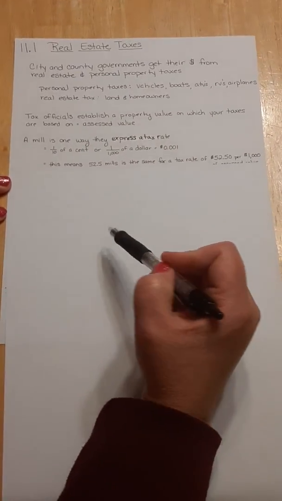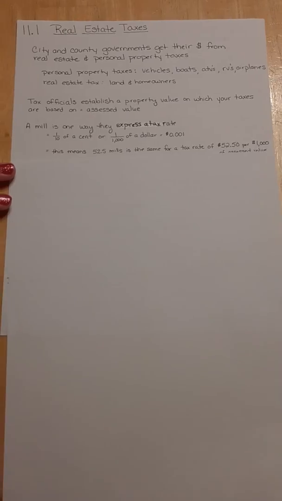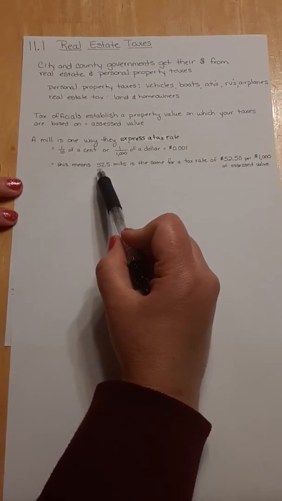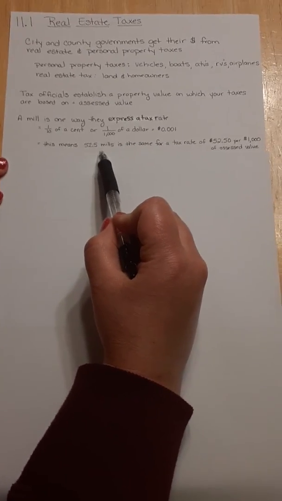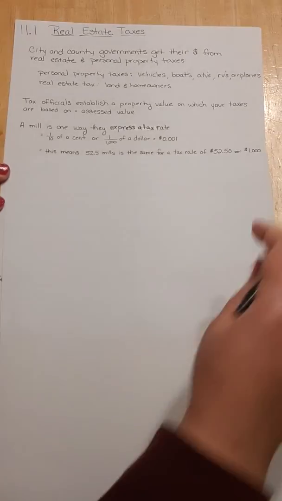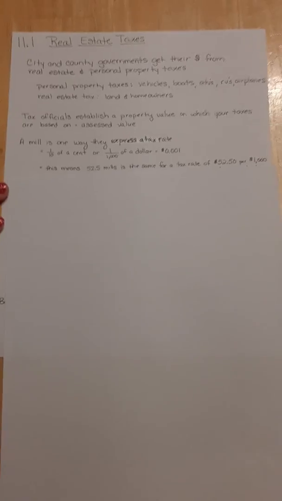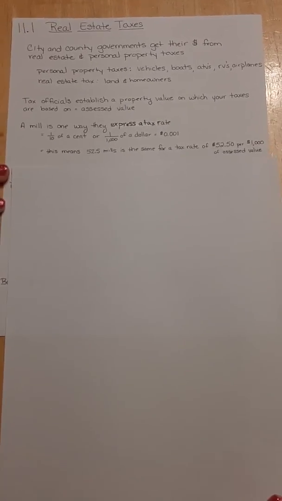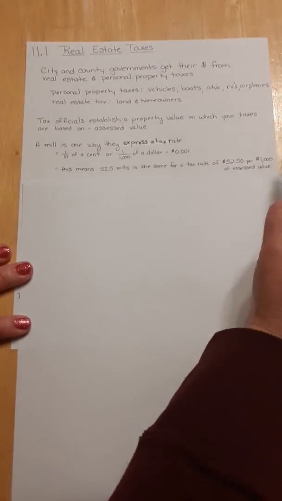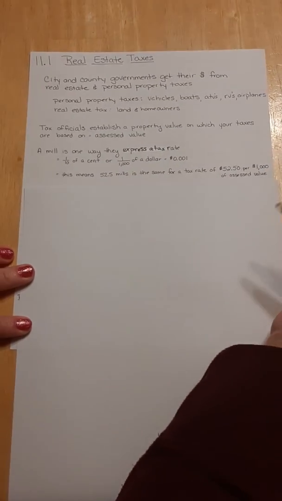Now, let's put this in real life terms here. So let's say that you have 52.5 mills. What this means is that we have $52.50 for every grouping of 1,000. So just to put it as a weird example, let's say our house is worth $1,000.